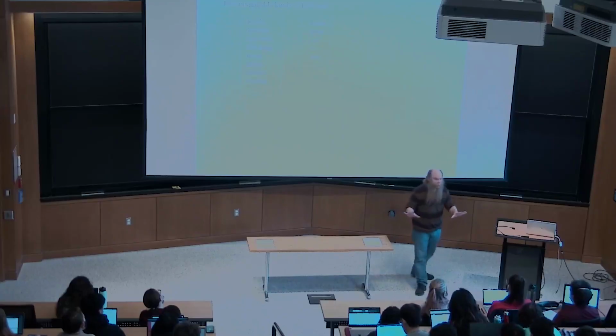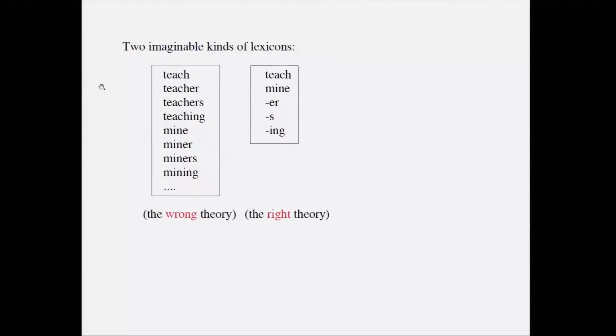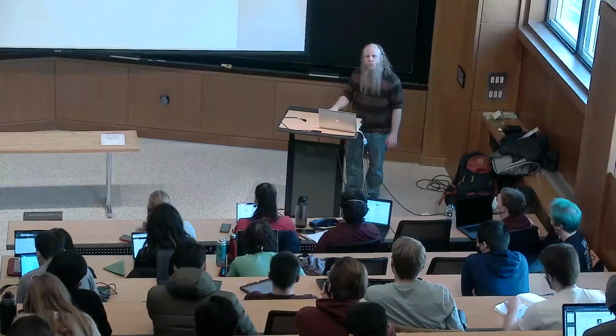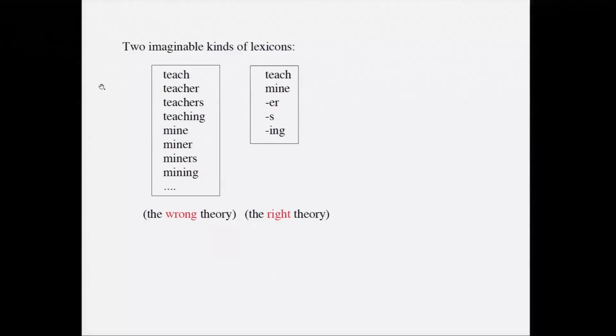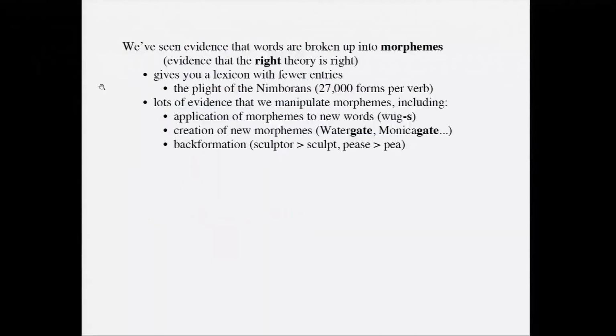Okay. All right. Just to give these theories nice non-judgmental names, we're going to call them the wrong theory and the right theory. Evidence that the right theory is right that we played around with: for one thing, I asked you to take pity on the plight of the Nimborans.